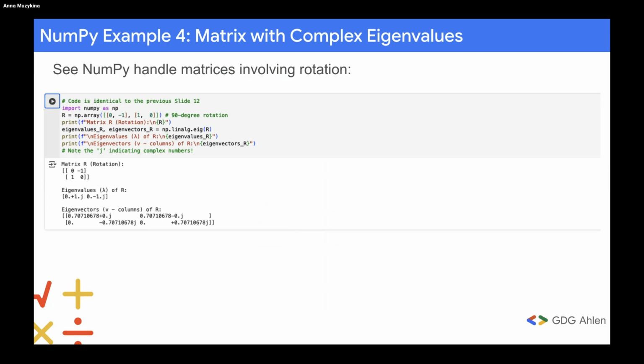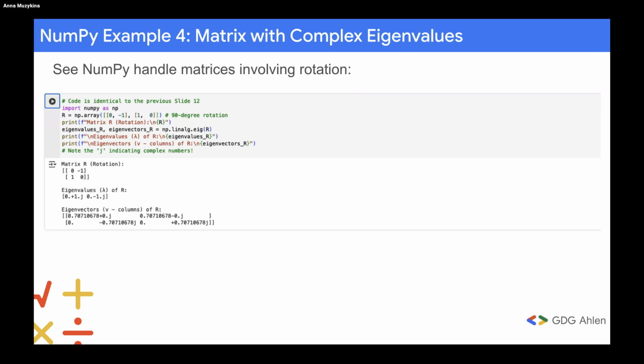Which geometrically represents a 90-degree counterclockwise rotation. So let's quickly explore code execution.